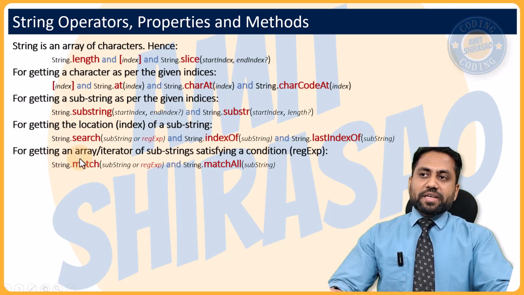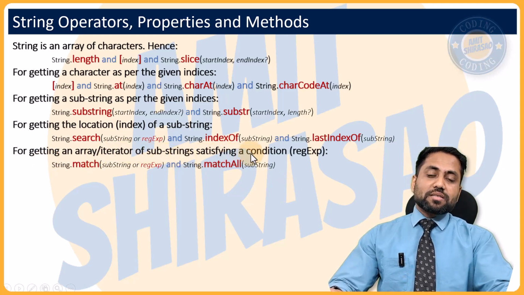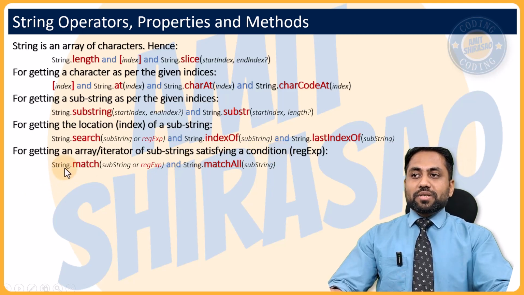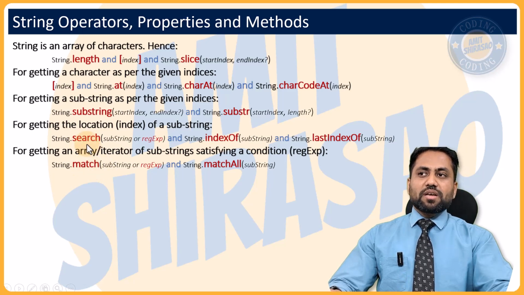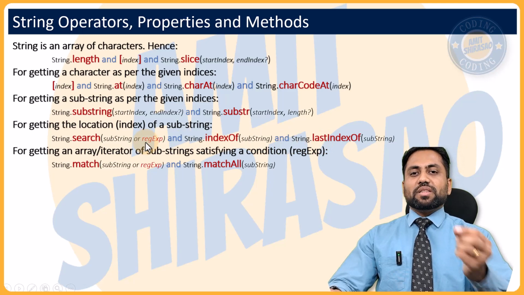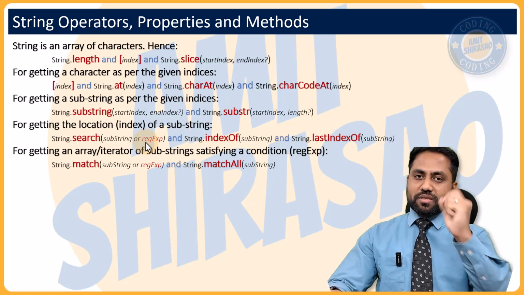Then for getting an array or iterator of substrings satisfying a certain condition, there is match and matchAll. Just like you write search here, you write match here. But search, indexOf, and lastIndexOf give you a number, the index where it is found.